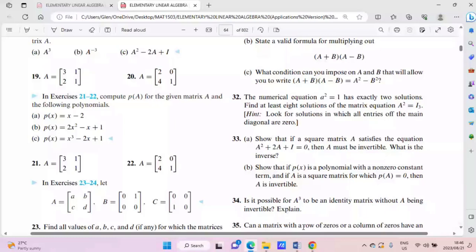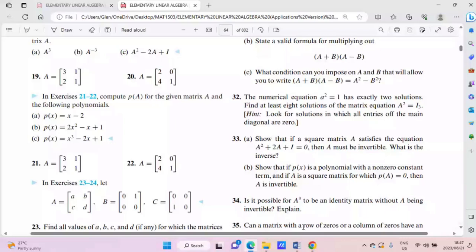So we are still on the first row of A, okay? But now we are multiplying it with the second column. So remember, we initially multiplied the first row of A with the first column of B, right? Yes.